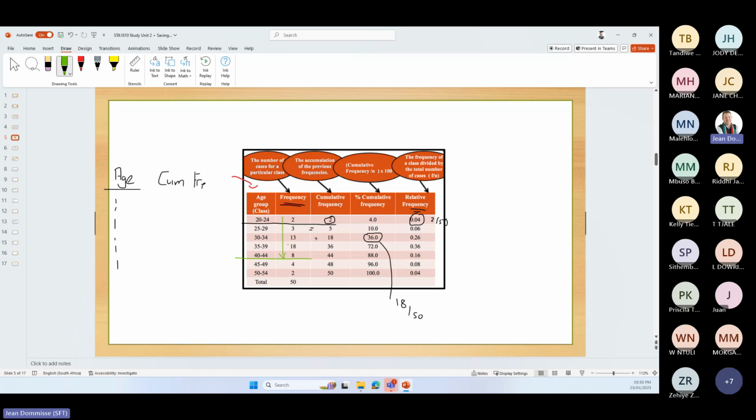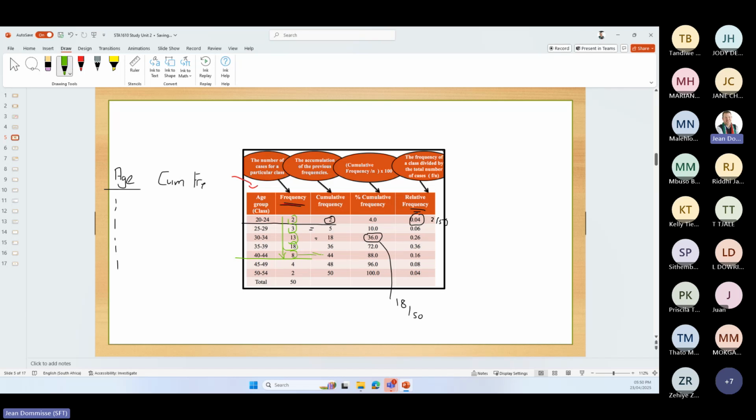How many people are there up to 44? Well, it's the 2 that is there, the 3, the 13, the 18, and the 8. So if we add that, 2 plus 3 is 5, 18, 36, 44.